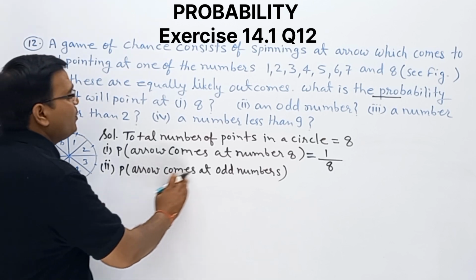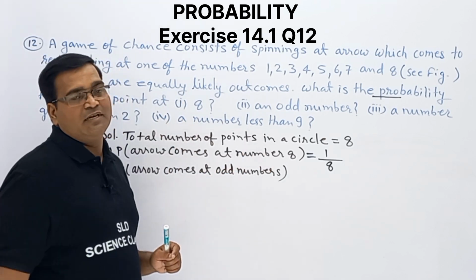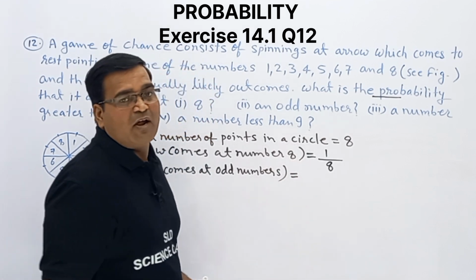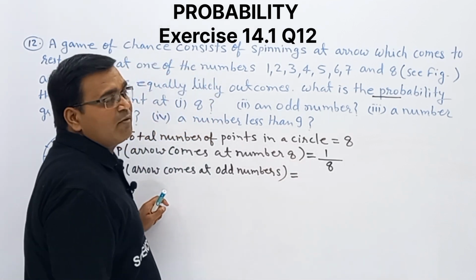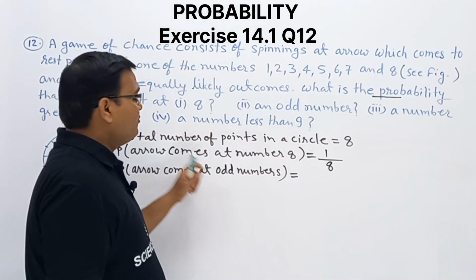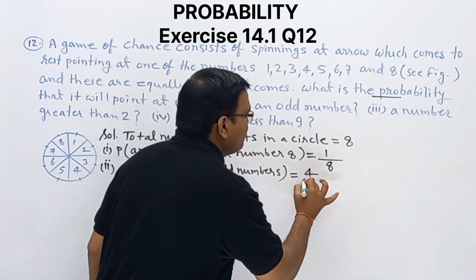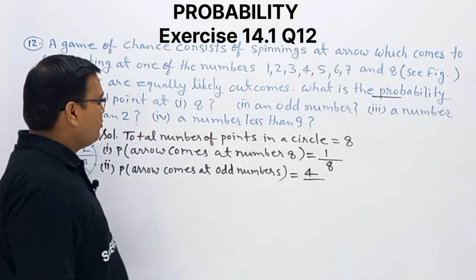So the number of favorable outcomes is 4, divided by the total possible outcomes.